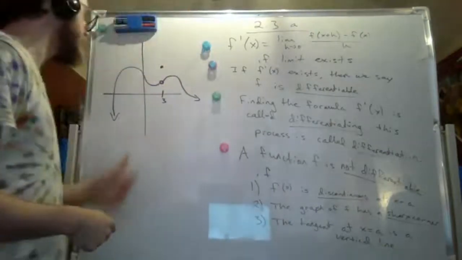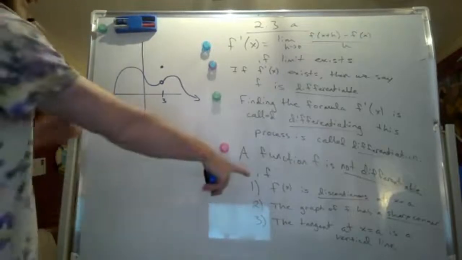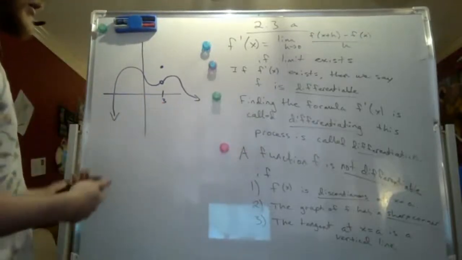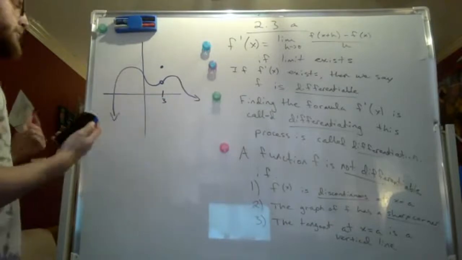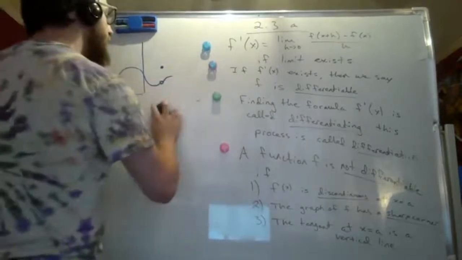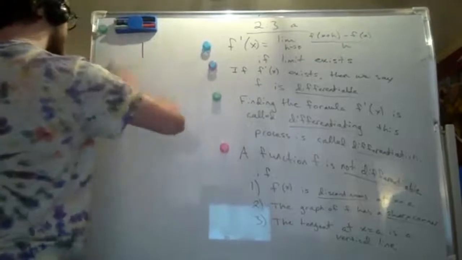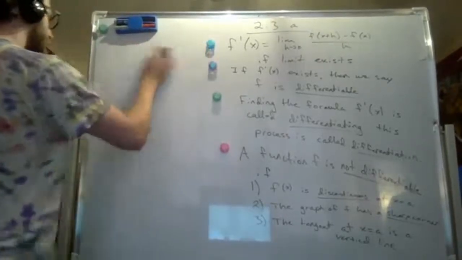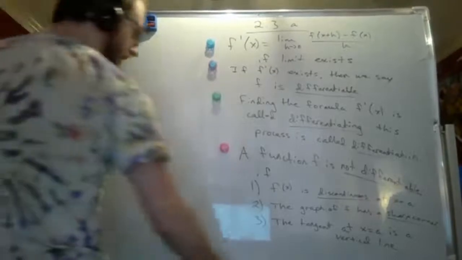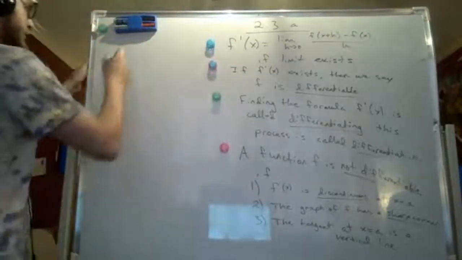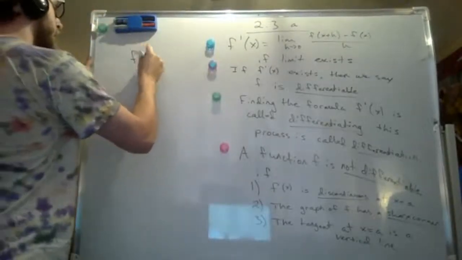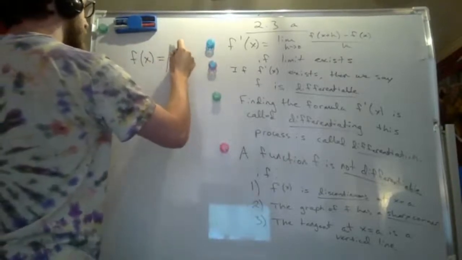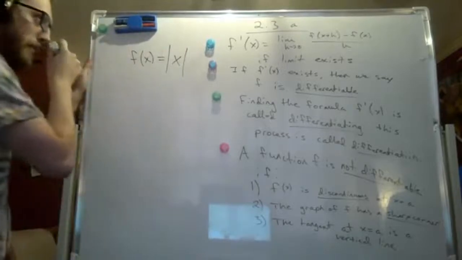So that's discontinuity. Now, the next point was that f is not differentiable when it has a sharp corner. Well, what's a sharp corner? Probably the most popular example would be the absolute value function, f of x is equal to the absolute value of x.